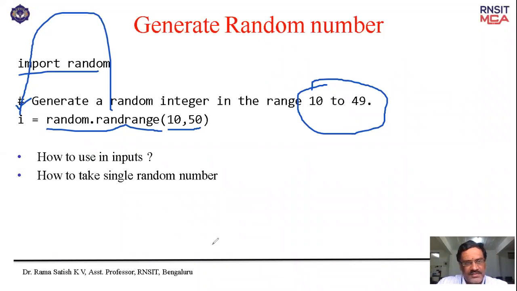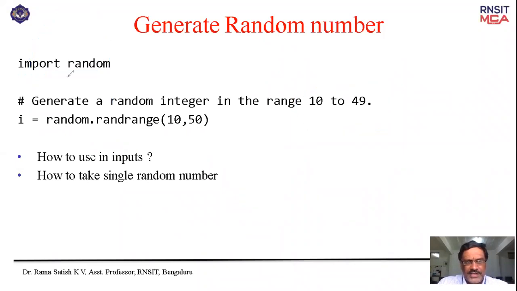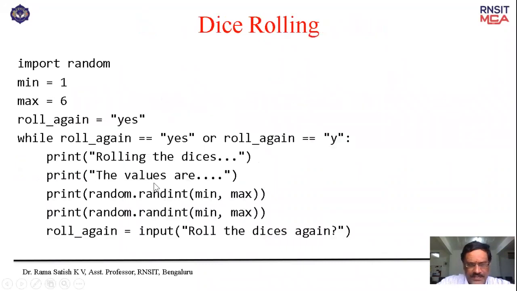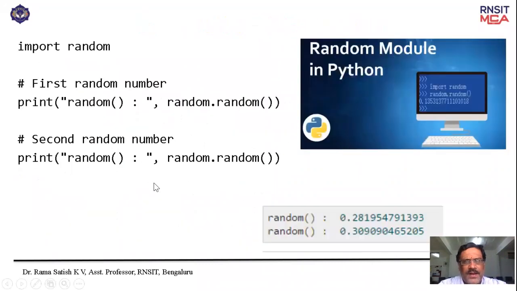So that's the importance of the random module and the randrange function. The randrange function will generate a random number between the given range, that is, lowest to highest. There is one more way you can generate a random number.